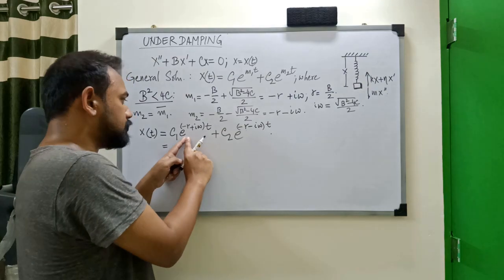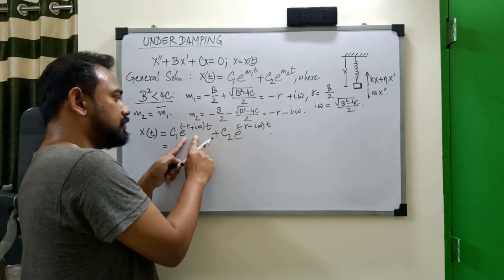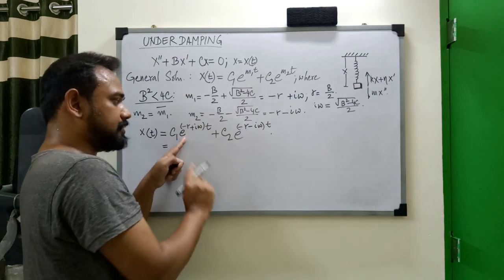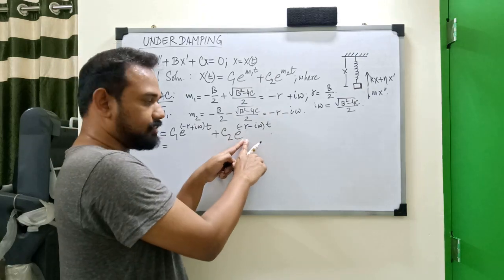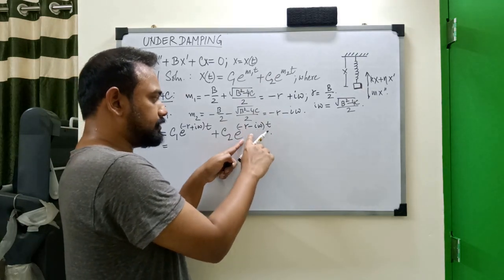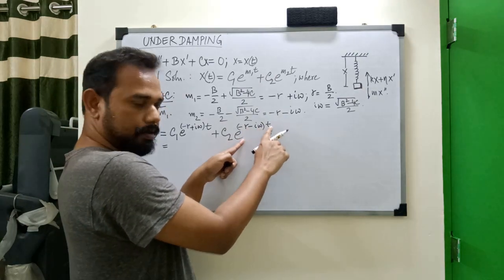I can break this up as e to the power minus r t into e to the power i omega t, and here e to the power minus r t into e to the power minus i omega t.